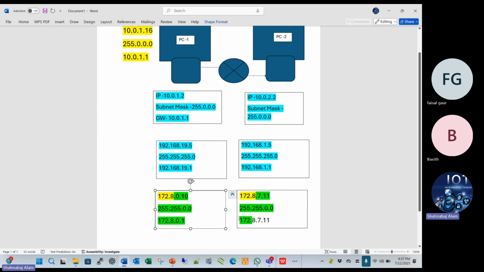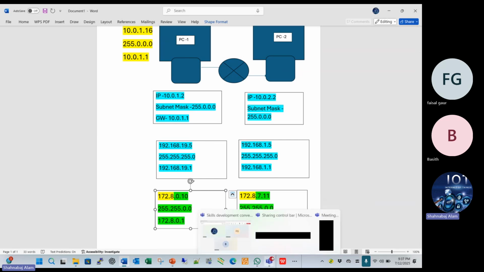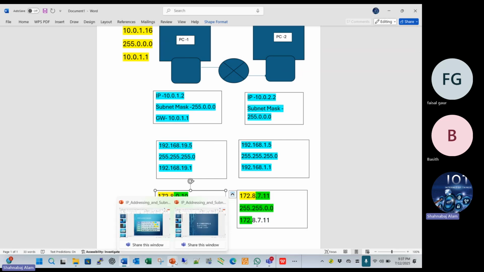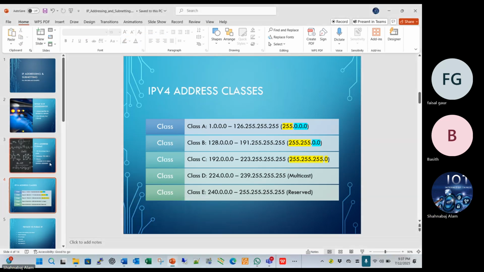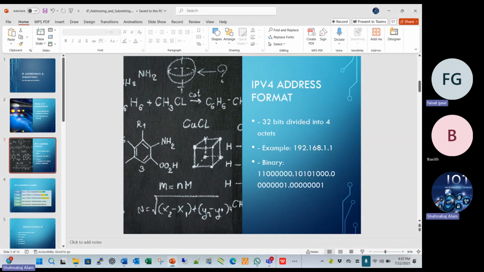So now I hope you understand, right? So both are understood, right? So we will go to the next slide. We can close this one and go to our PPT. We will also discuss here tomorrow how to communicate between two different networks.